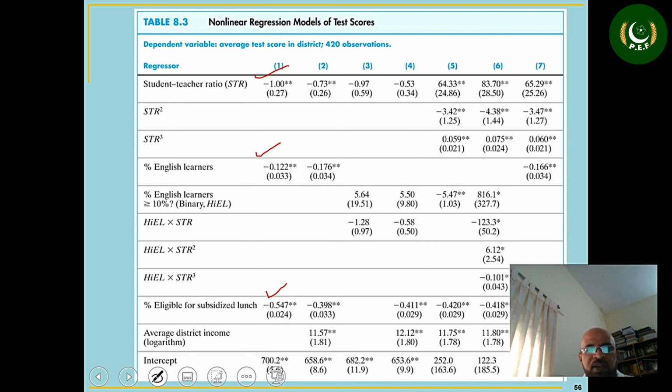Okay, this is a linear model. Let's say it's our base model. Now the second model, again, minus 0.73, percentage English learners, percentage English learner, average district income. Now, we have taken both measures of income, included both measures of income. It's again linear in variables.